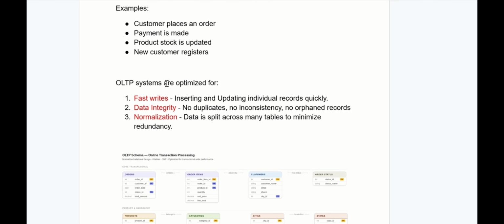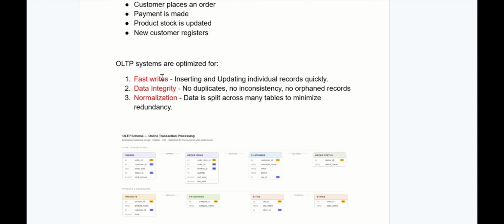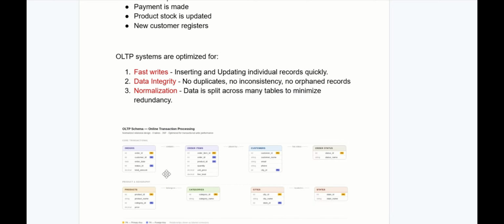So this OLTP system, as we've learned, is good for inserting and updating individual records. It provides data integrity: no duplicates, no inconsistency, no orphaned records, and we have normalization.